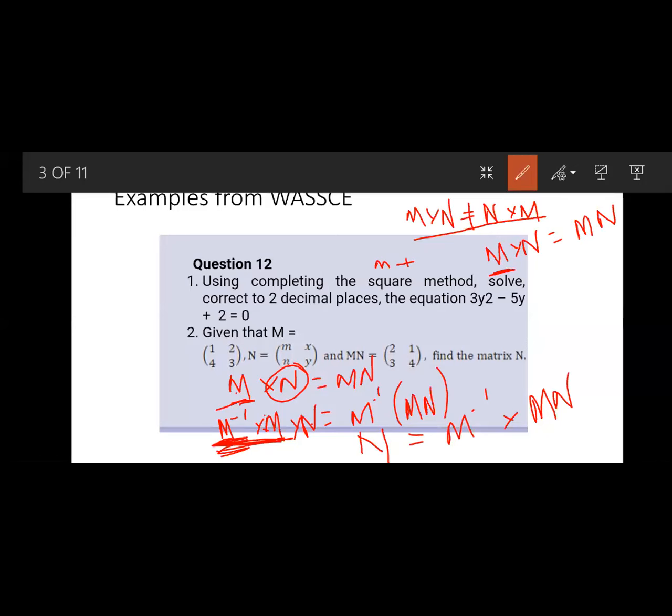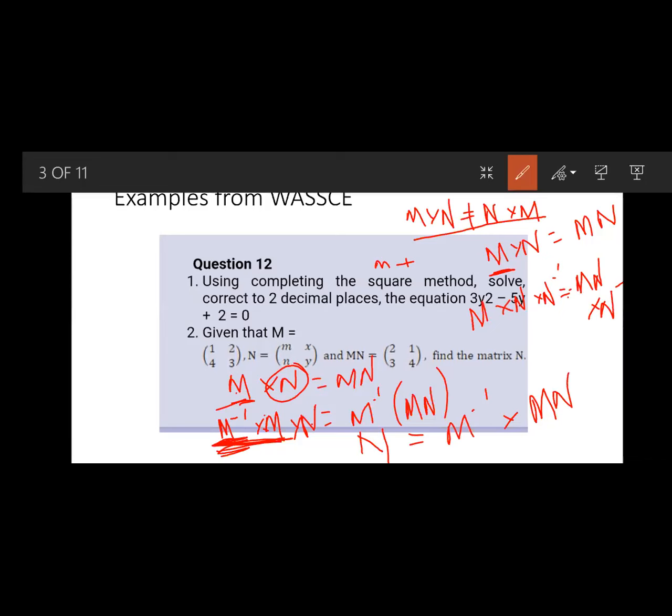You multiply both sides by the inverse of n. So if you want to multiply by the inverse of n, you have to multiply from the right hand side. So that multiplication would be m times n times n inverse equals mn times n inverse. So you get it now.